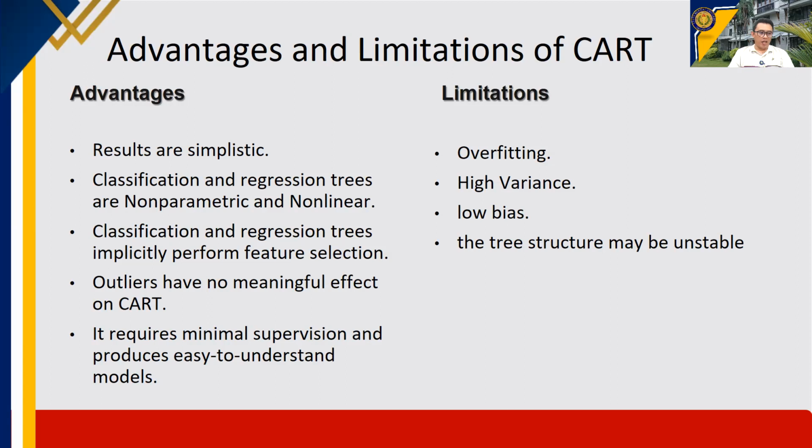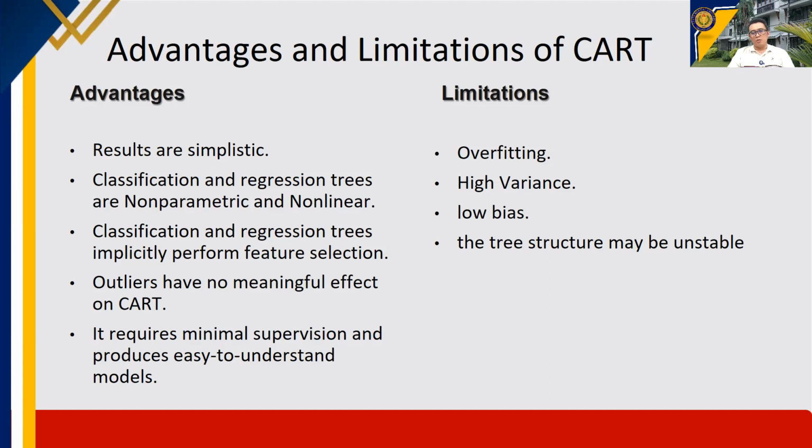Classification and regression trees are non-parametric and non-linear. They implicitly perform feature selection. The outliers have no meaningful effect on CART. It also requires minimal supervision and produces easy to understand models.